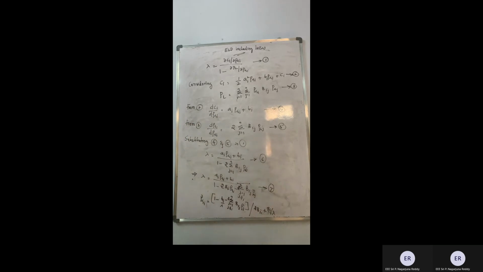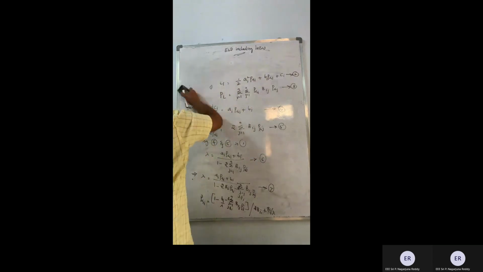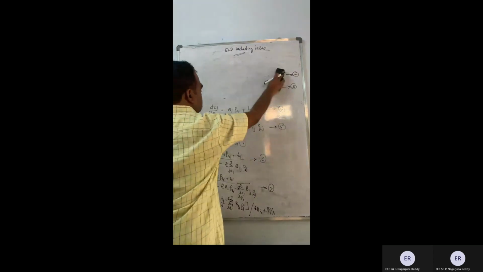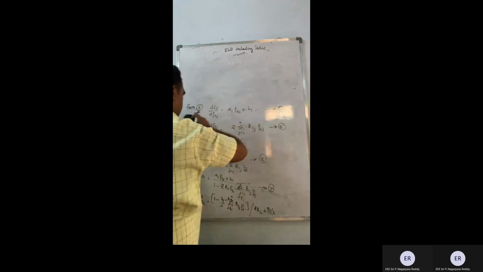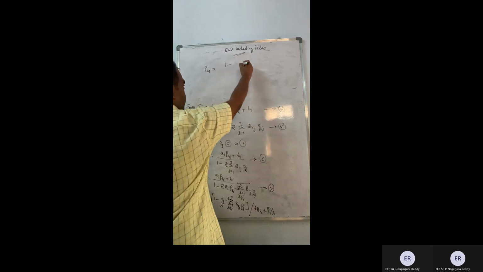Now, I will write this one very clearly here on the top. PGi is equal to the generation at any plant i.